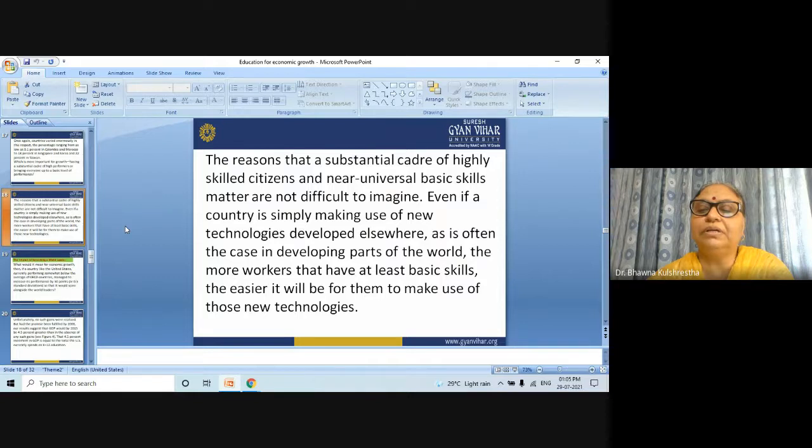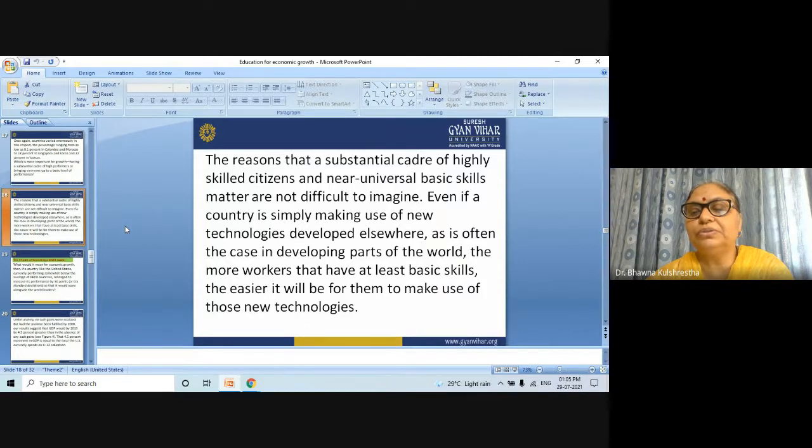In particular, in countries on the technological frontier, substantial numbers of scientists, engineers, and other innovators are obviously needed.